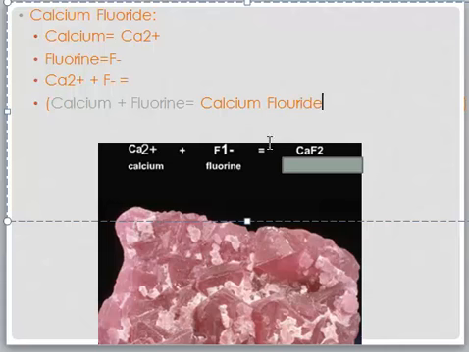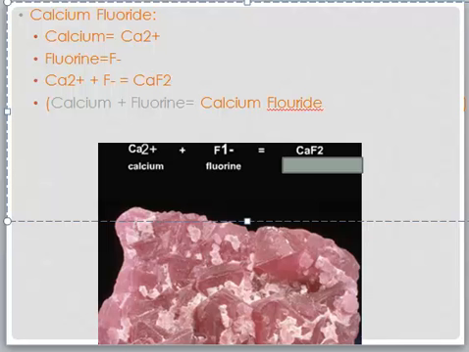But what does that look like? CaF2. Because we need it to be balanced. It is an ionic compound, so we need it to be electrically neutral. That's why that F has the 2 after it.